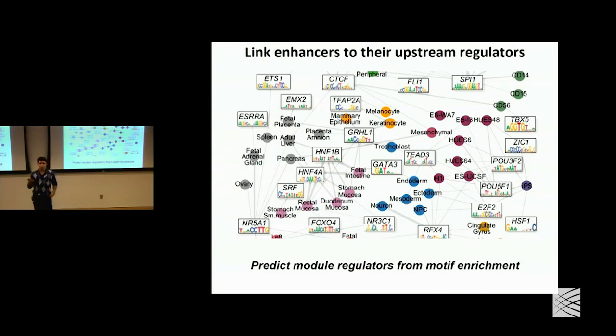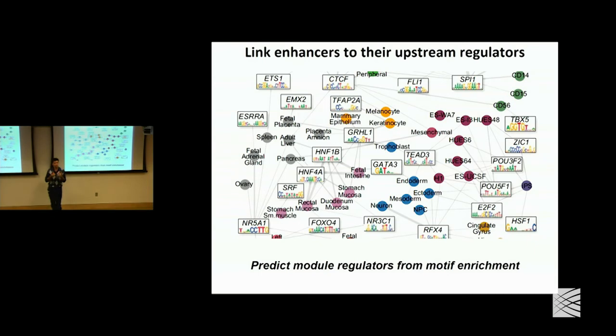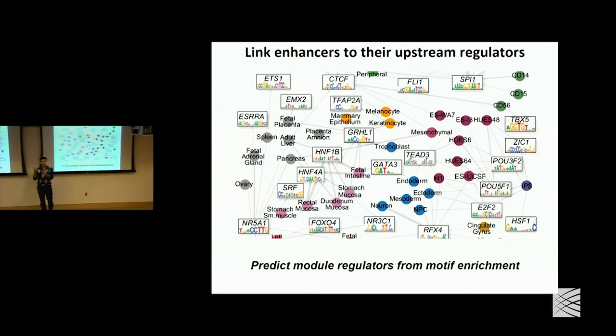And that's looking downstream. That's looking at who these regions are controlling. What about who's controlling these regions? Well, that's where regulatory genomics comes in. You can start looking at the regulatory motifs, the sequence patterns that are recognized by different transcription factors, and how these are enriched in specific tissues and combinations of tissues.